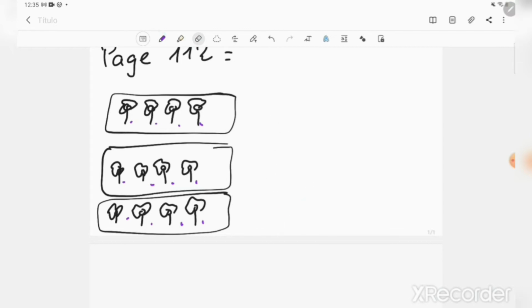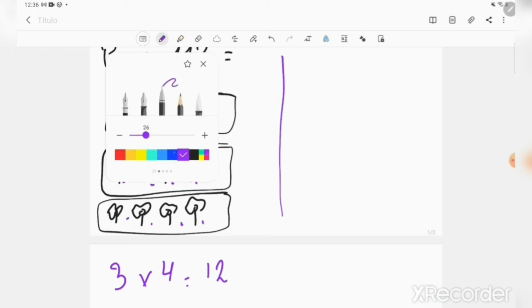Okay, and this we can say that equals 3 rows multiplied by 4 plants each row equals 12. But there is another example that says, let's imagine that there are not 3 rows.